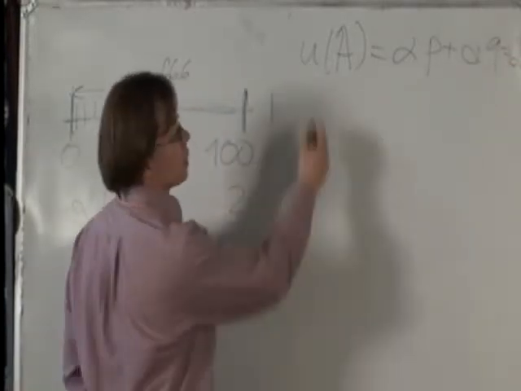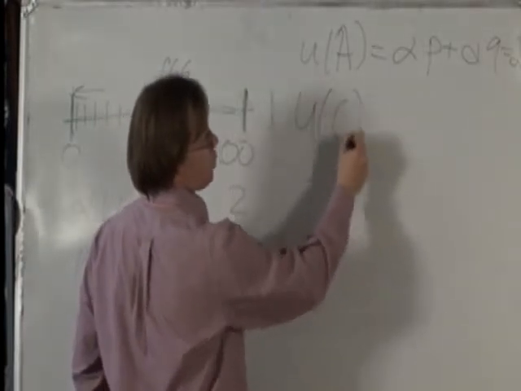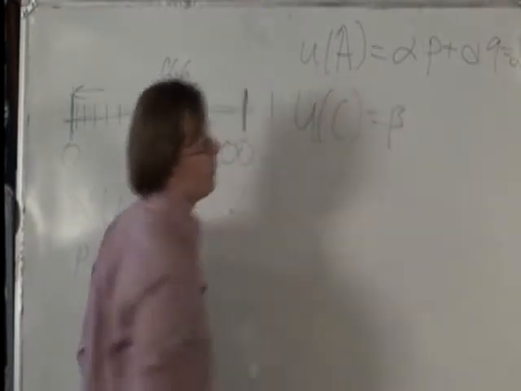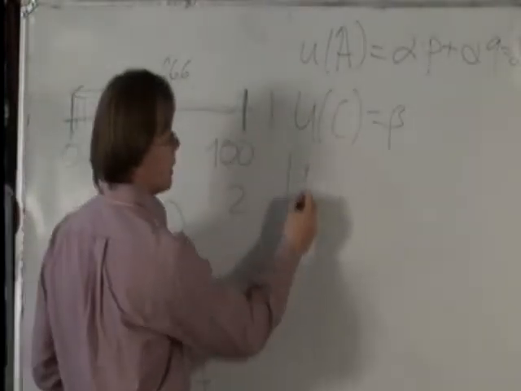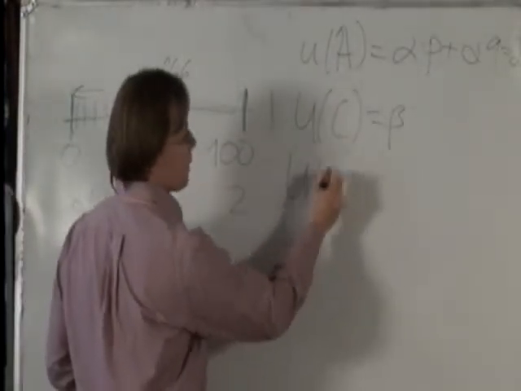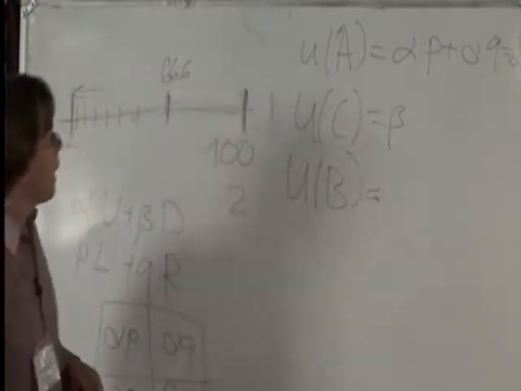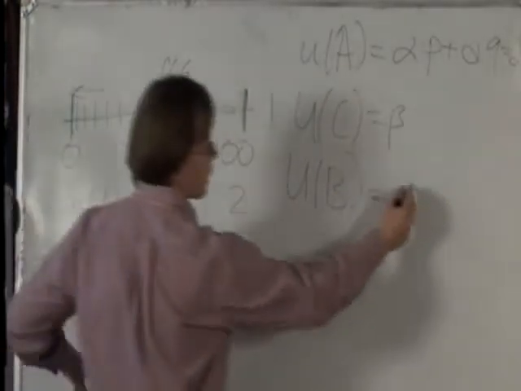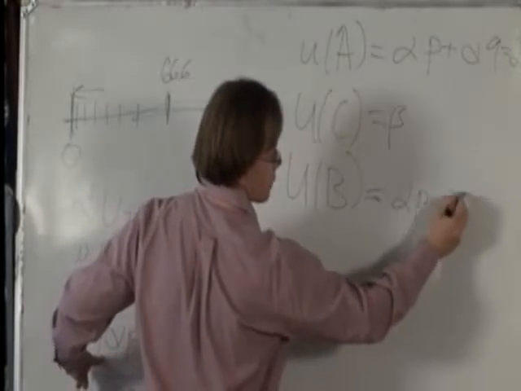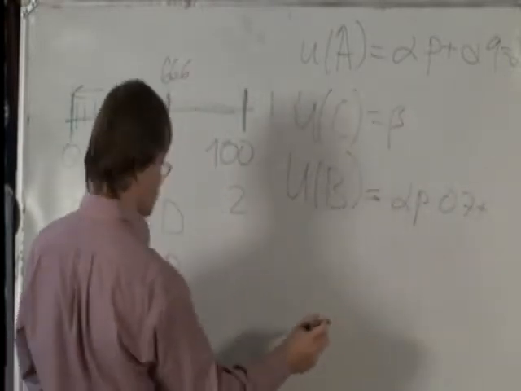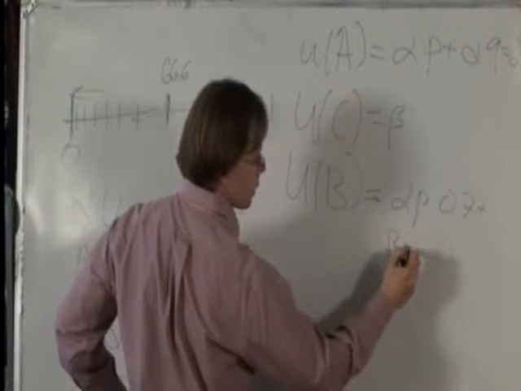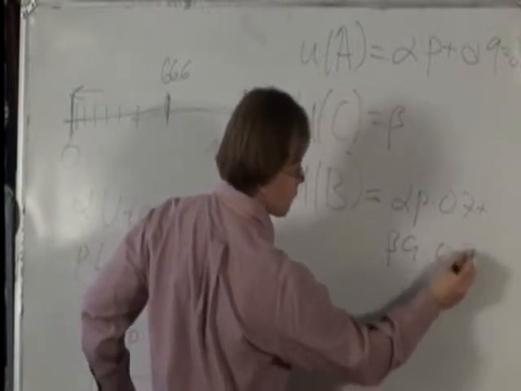If you play strategy C, then what you get is beta by the same calculation. And if you play strategy B, then what you get is alpha P times 0.7 plus beta Q times 0.7.